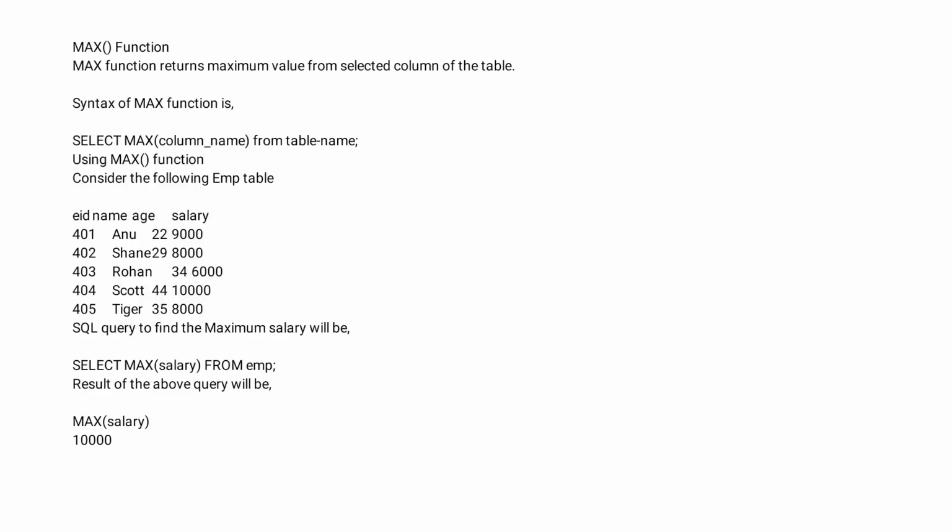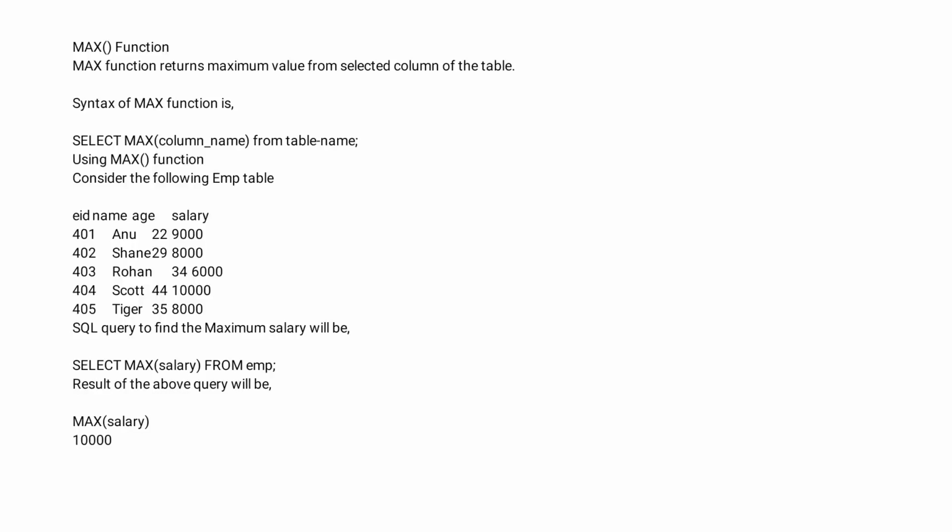And the maximum function: the maximum number of the selected column is displayed on the screen. Maximum and minimum functions can be applied only on numeric columns. In this table we can apply them on EID, age and salary, as those are numeric columns. Here we are applying the maximum function on salary.